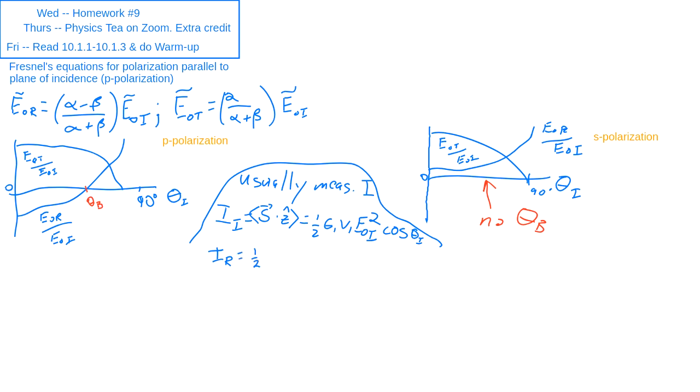So same thing for the reflected: epsilon 1, v1, E naught, the reflected amplitude, and then we have a cosine of the reflected angle, which is the same as the angle of incidence too. Then we do the same thing over here for the transmitted intensity.